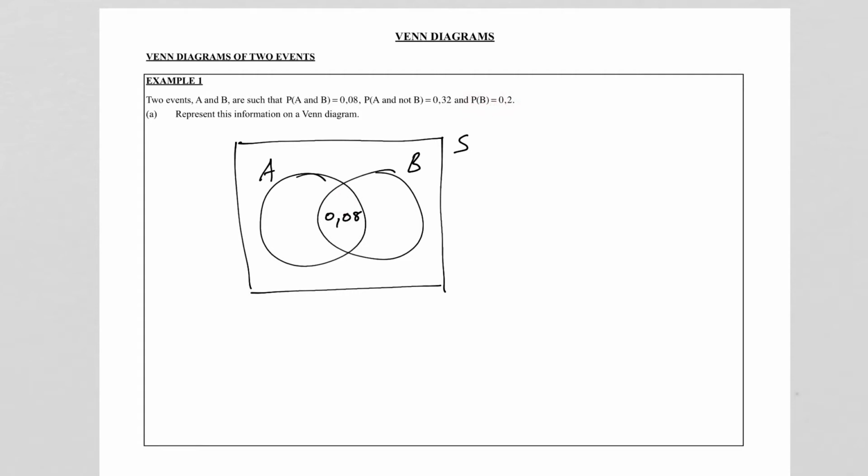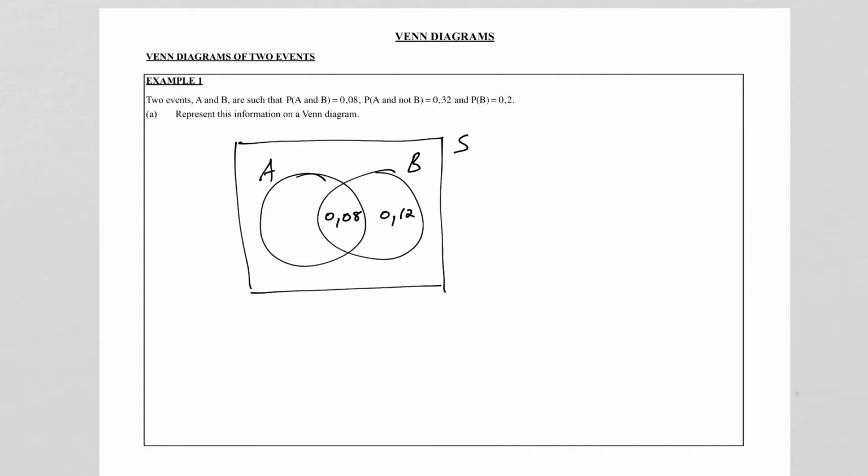So this plus this part must be 0.2. So that means this one will be 0.12 because we need to subtract the 0.08 from the 0.2 that was given to us.